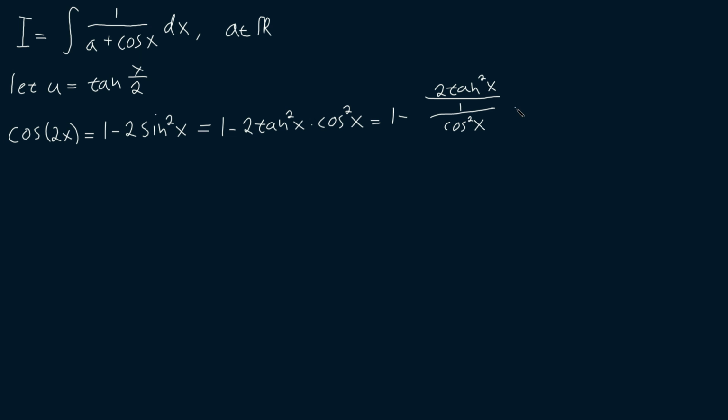Then this here is equal to 1 minus 2 times tangent squared of x over, and we're going to write 1 as sine squared of x plus cosine squared of x, the famous trigonometric identity, and is divided by cosine squared of x.